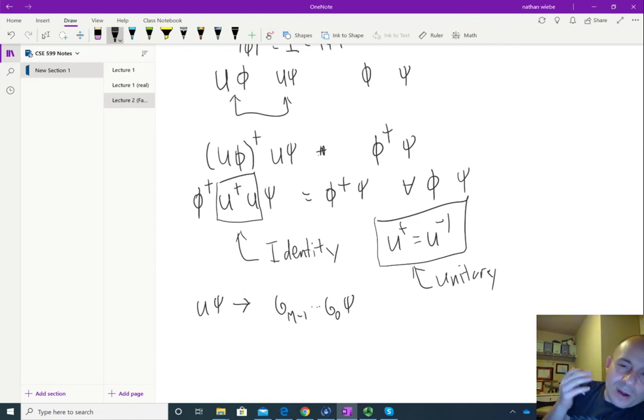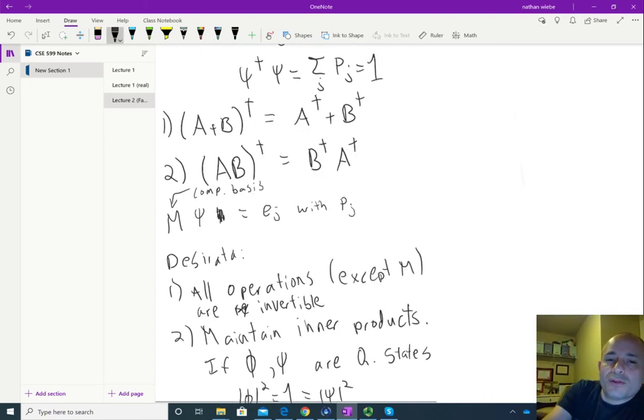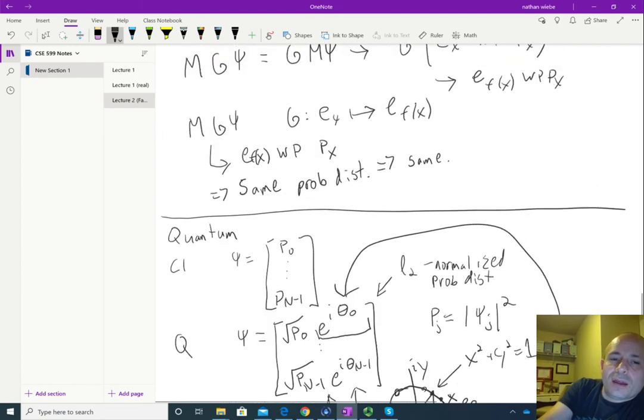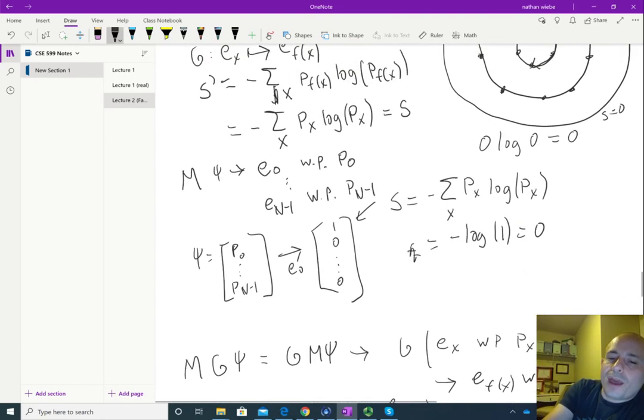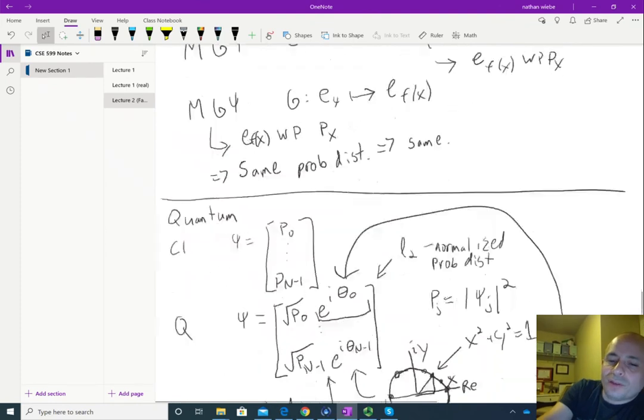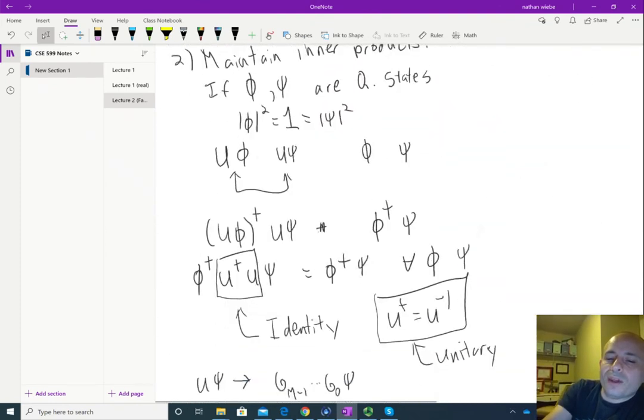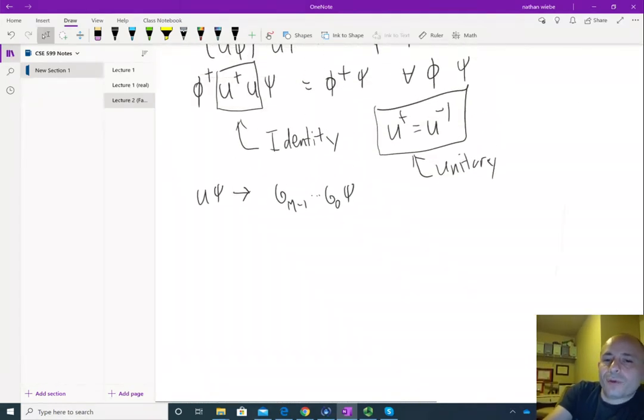Throughout the rest of this course, we're going to be trying to build different types of unitary transformations, arguing about what computational power comes from being able to do unitary transformations on quantum states, and showing what the distinction is between the classical case over here, where we have probability vectors that are all positive, and the quantum case, where we can have complex components.